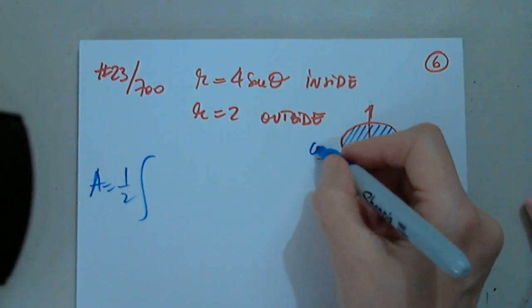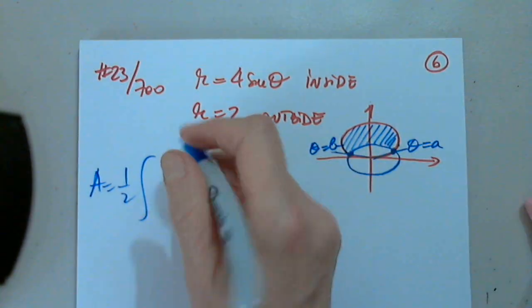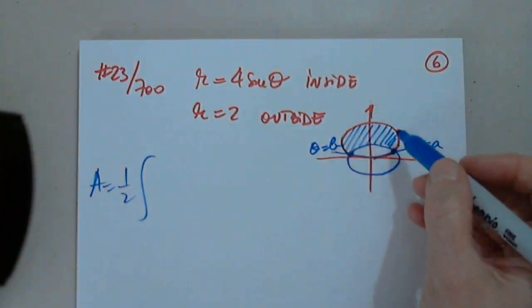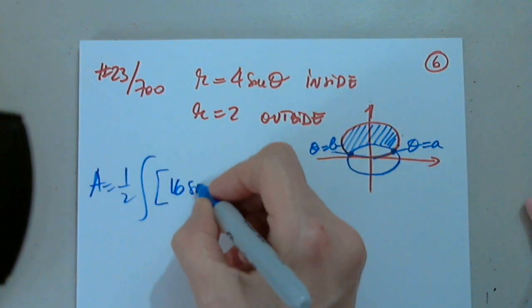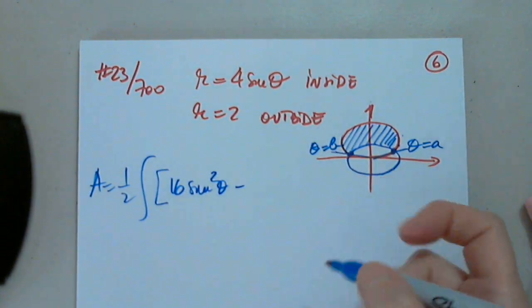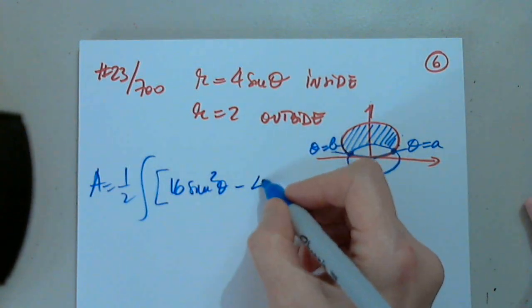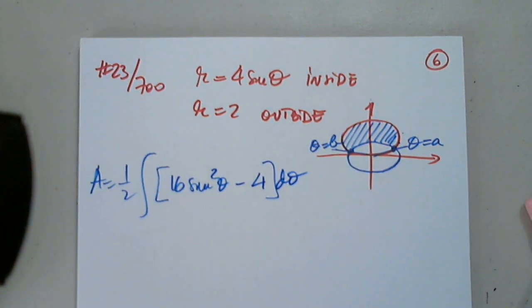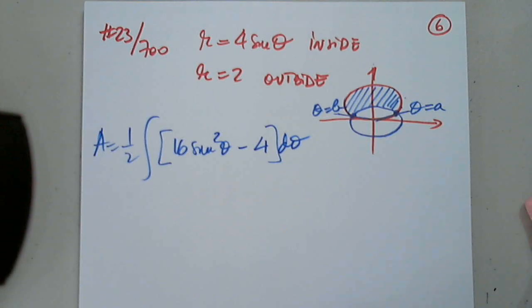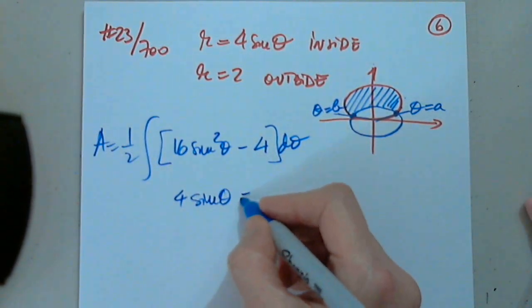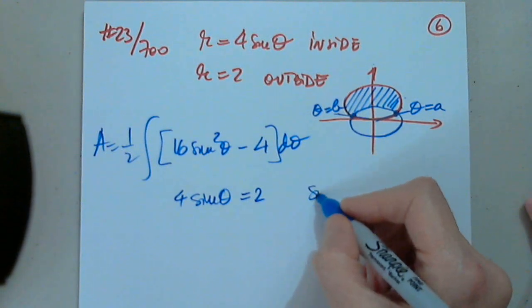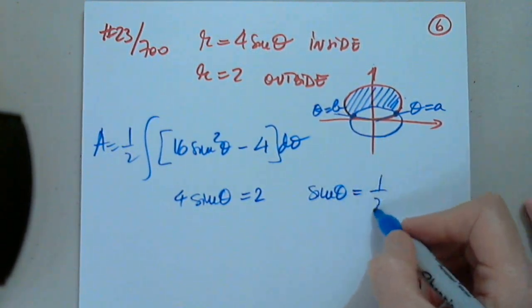Theta equals A and theta equals B. So from A to B, I'm not going to write it. But from the upper squared, of course, so this is 16 sine squared theta minus lower, of course, squared d theta. So now let's determine the thetas. So we set them equal to each other, of course, in this case. 4 sine theta equals 2, which means sine theta equals 1/2.